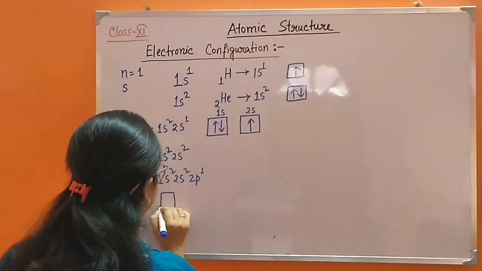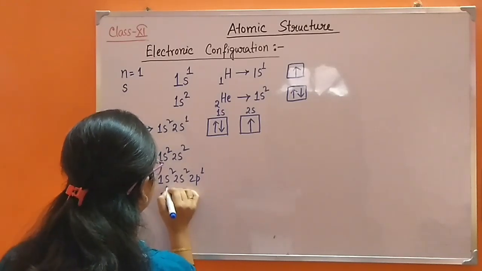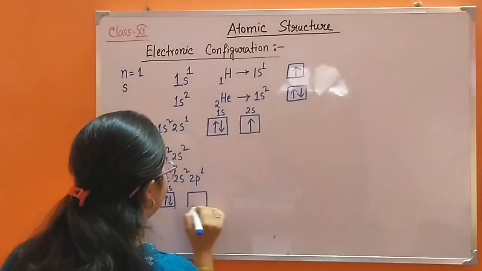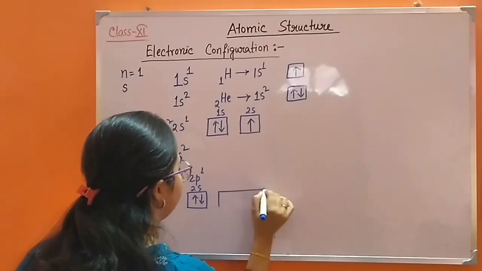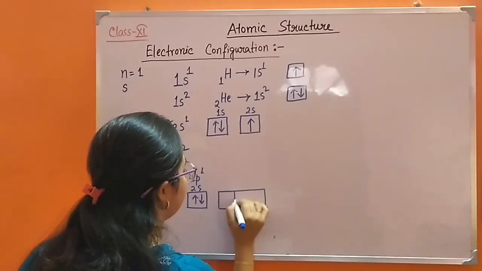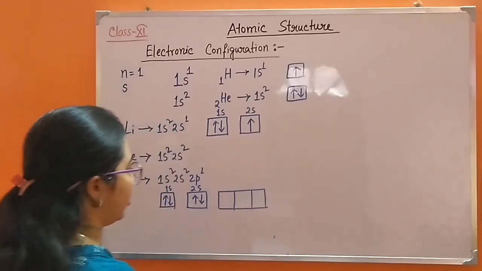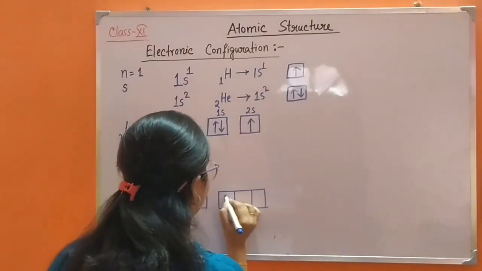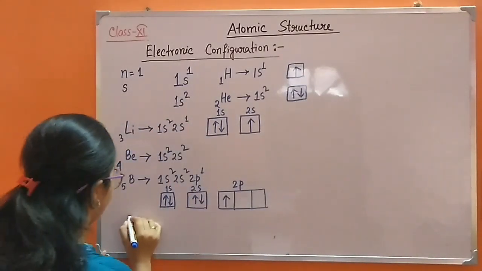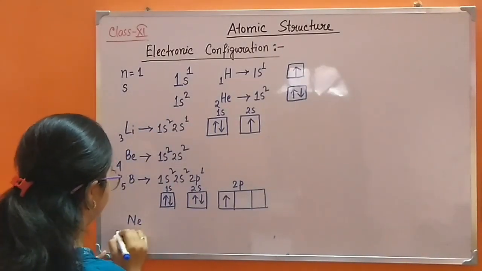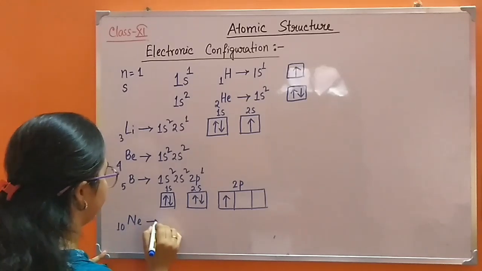This is 1s, 2 electrons are present. This is 2s, 2 electrons are present, and there are 3 p orbitals and only 1 electron is present in 2p. Now neon, atomic number 10.